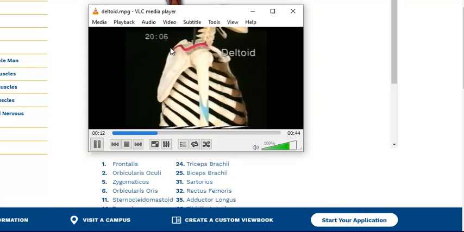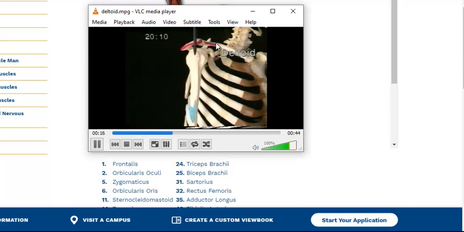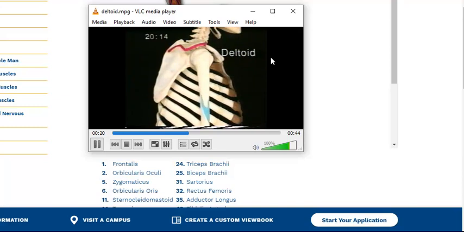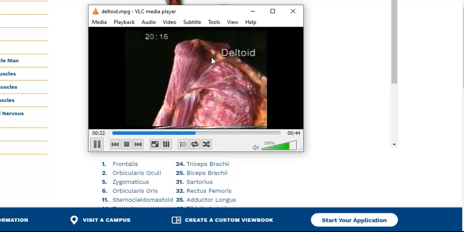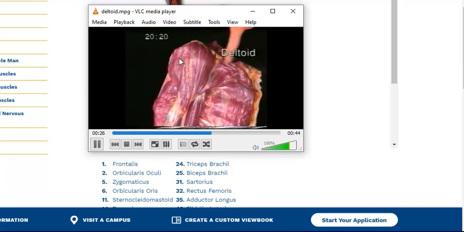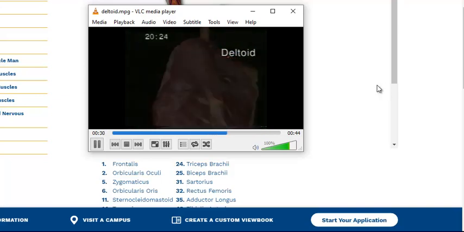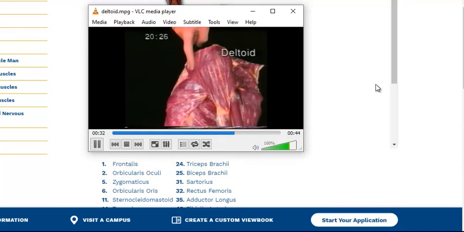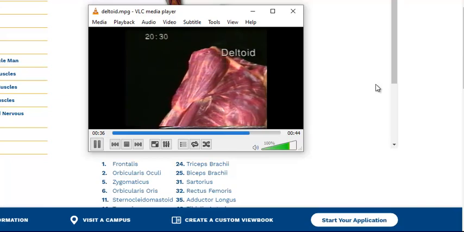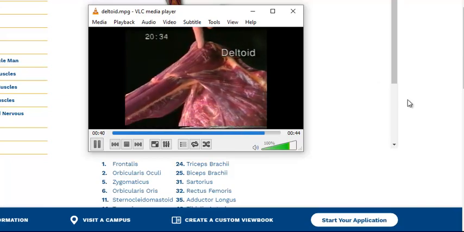And here's the point of attachment on the scapula, and then along onto the clavicle. And the deltoid right there is over that whole area. And you can use your brain to just contract that part of the muscle and pull your arm back or pull your arm forward, or if you did it right there, it'll pull your arm straight out.